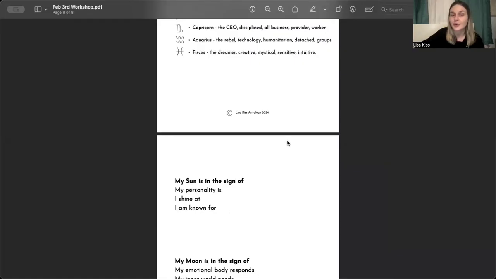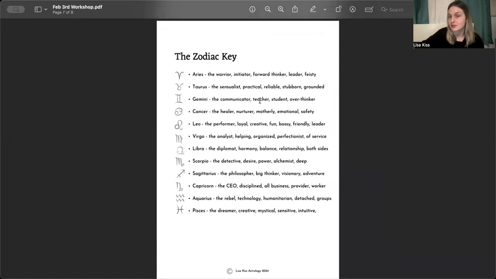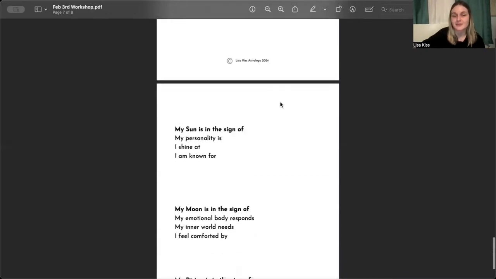And then I am known for teaching or being a lifelong learner. Instead of the word student there, we could say lifelong learner. For Gemini, I could also say I'm known for asking lots of questions. I shine at asking why because I like to do that. Those are just some examples.